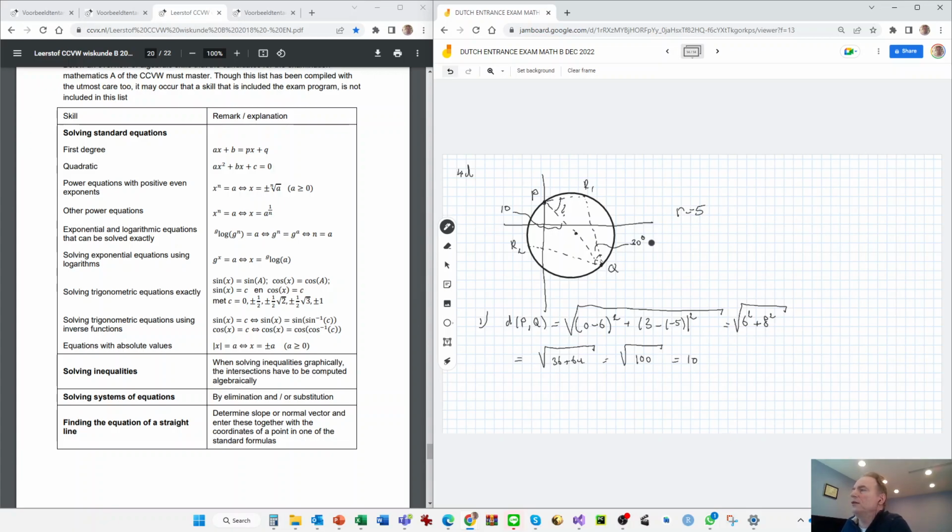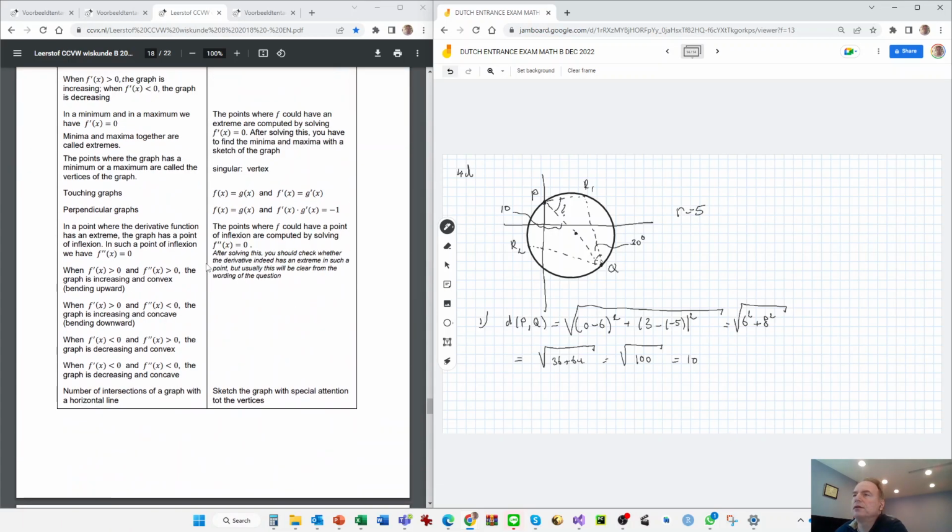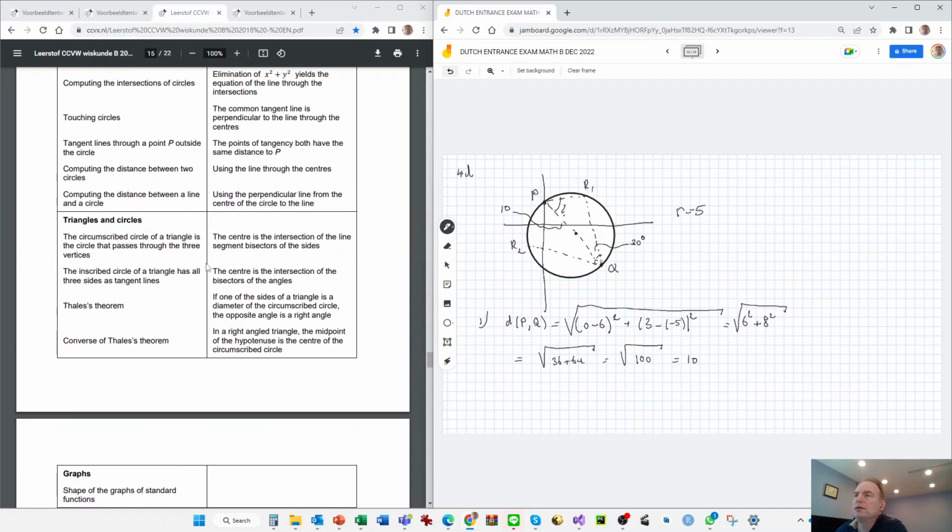And there's some material you need to know about triangles and circles here. First, they talk about the circumscribed circle of a triangle. That is actually the case here. This is a so-called circumscribed circle of this triangle PRQ.